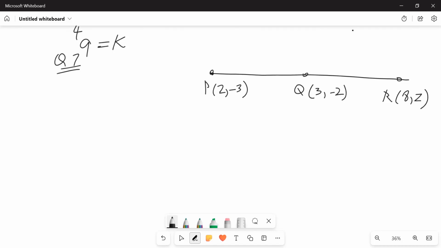Find the value of Z. So we can find the value of Z by finding their gradient. First, we will take the gradient PQ.